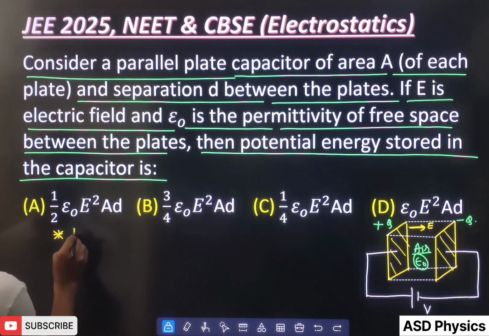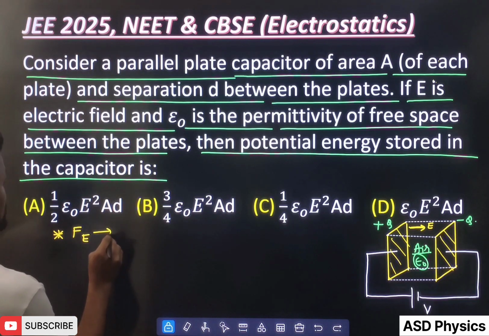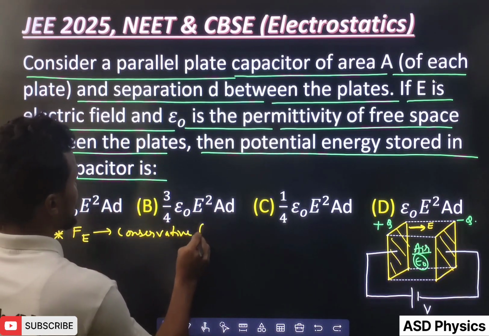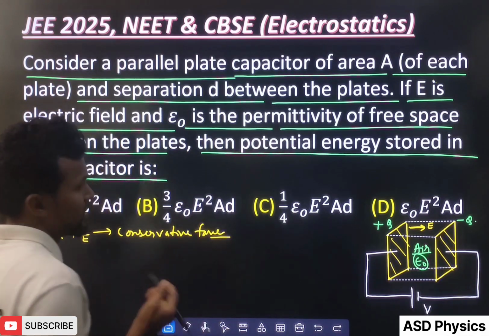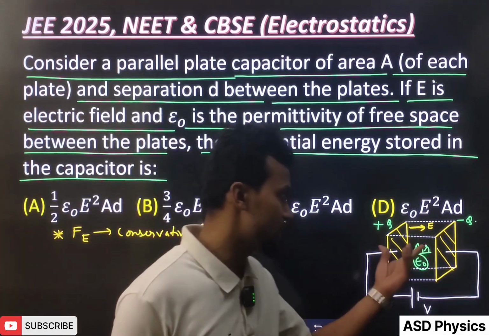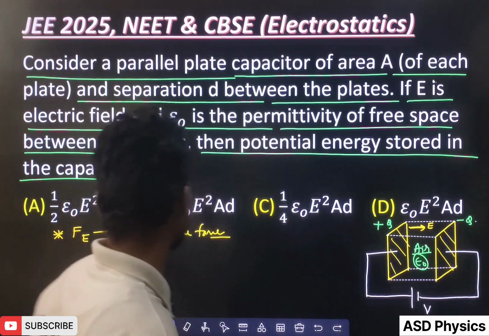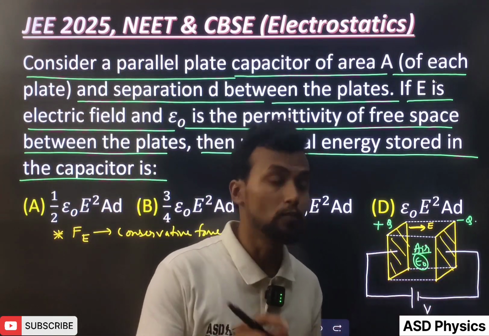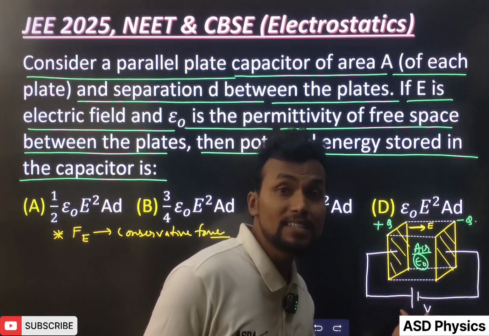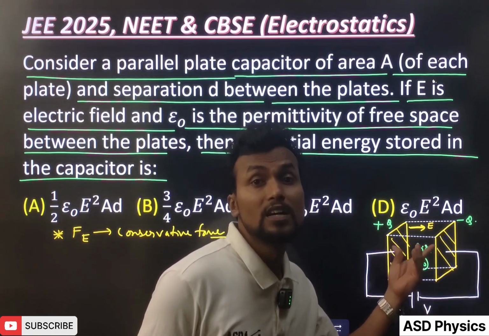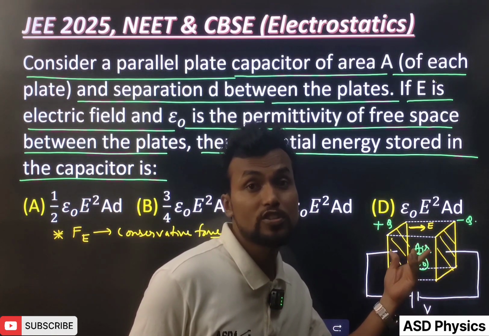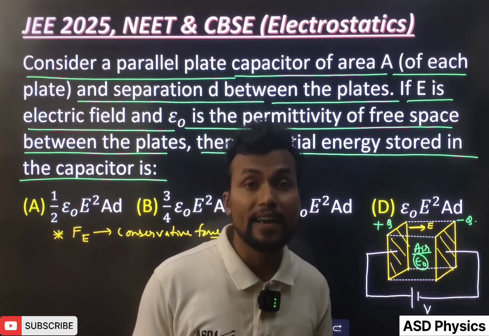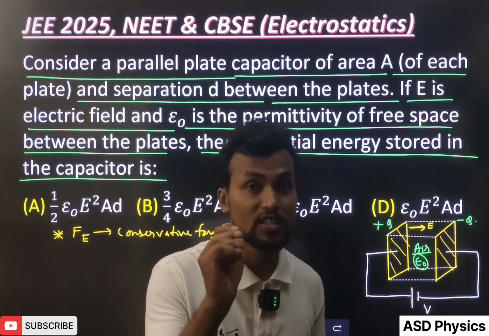Remember that this electrostatic force is a conservative force. Other examples are gravitational force and spring force. So whenever a conservative force is there, the work done by the battery against this electrostatic force will be stored in the capacitor as electrostatic potential energy.